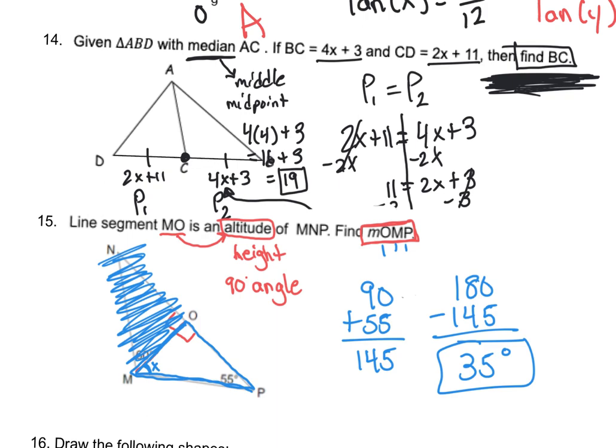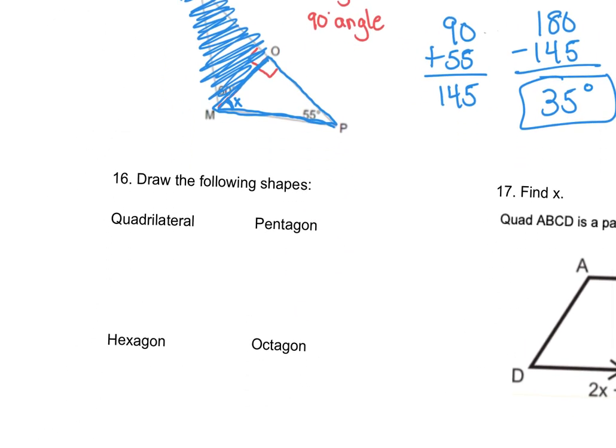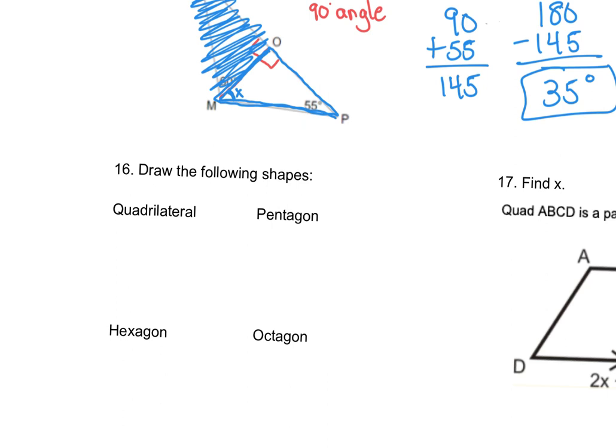All right, looking at number 16. It says draw the following shapes. So let's go ahead and draw these shapes out. A quadrilateral is a shape with 4 sides, so a 4-sided shape. A pentagon has 5 sides. It looks something like this. It's not beautiful, but it's 5-sided. A hexagon has 6 sides: 3, 4, 5, 6.